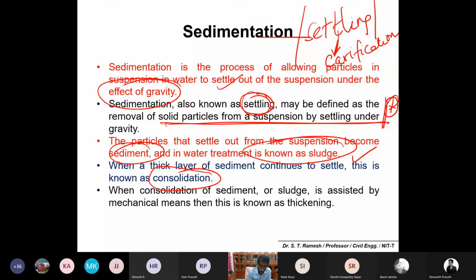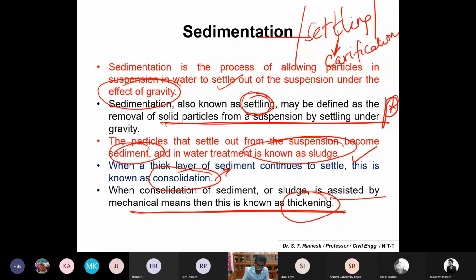Please make a note: sedimentation is a simple action by gravity, and the primary objective is to remove the chemical floc. It is also called settling, or simply clarification. Whatever particles settle out at the bottom of the tank, you can call sludge.